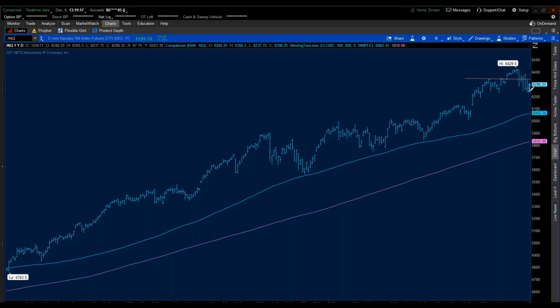As far as getting long, if you'll notice, today's low is pretty much the same as yesterday's low, within $1 of it. Pretty much the same thing here. I really wouldn't want to get long. I would probably want to wait until down here to get long. But that's what I would look at.